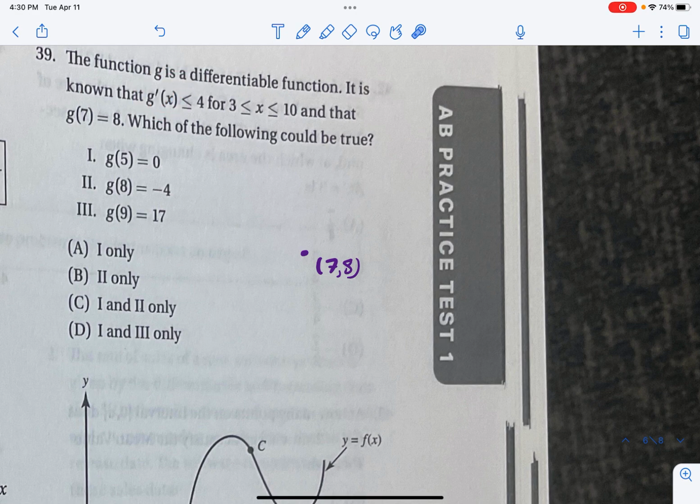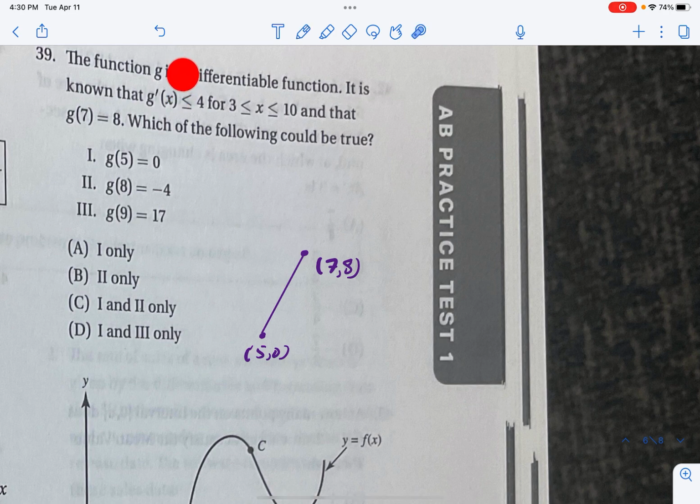So let's see what's possible. Could we have that g of 5 is equal to 0? That would mean the point 5, 0 is on the graph. That would theoretically be possible if we had just a line, right? That line has a slope of 4, which just makes it.